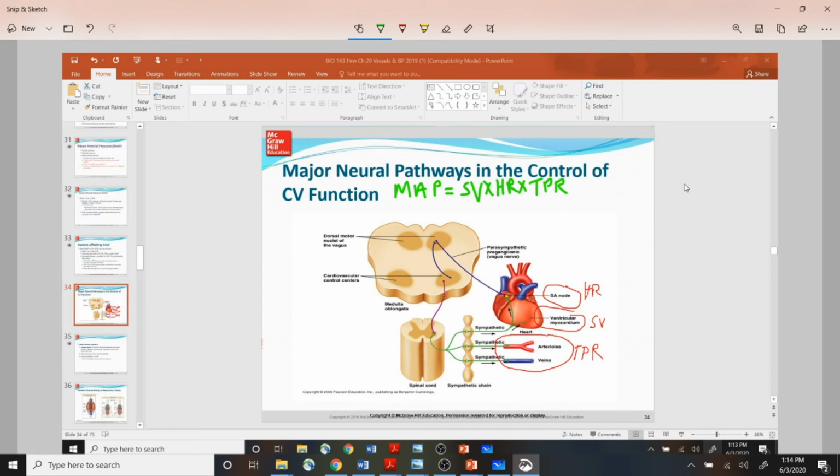It can control heart rate only, because you see there is a pre and postganglionic neuron innervating the SA node that can control heart rate. But I don't see any blue fibers controlling the ventricular myocardial tissue or the smooth muscle of arteries and veins. So the parasympathetic system can only control heart rate. That's it.